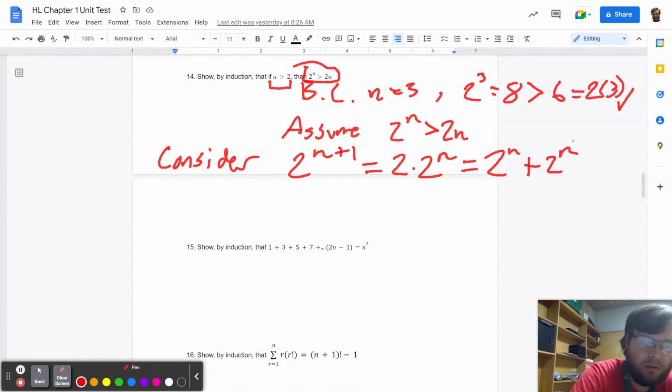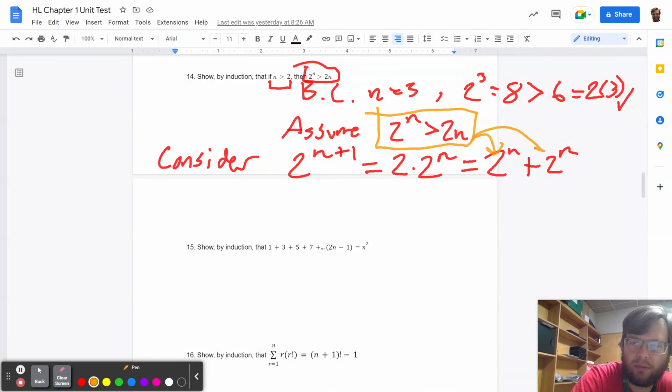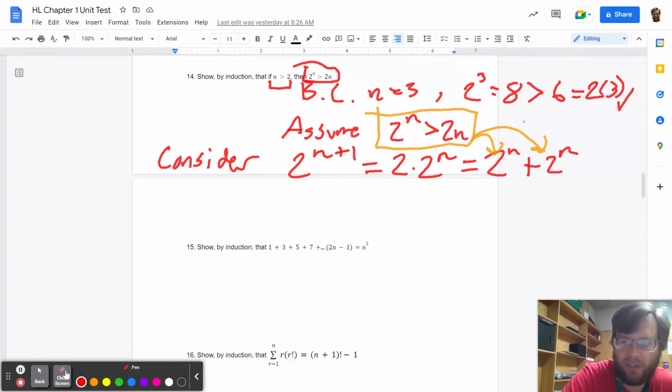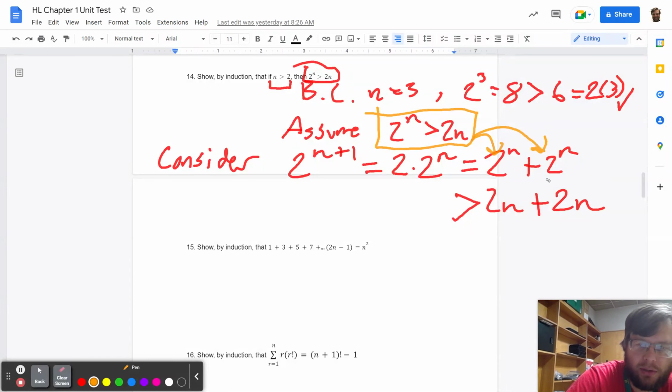And then I'm going to use my induction hypothesis. You always have to use your induction hypothesis. So I'm going to use this right here and right here. I know that each of those 2 to the n's is greater than a 2n. I also know that 2n is greater than 2.